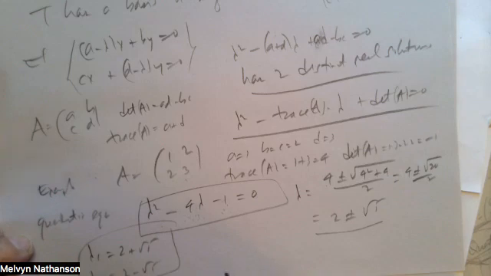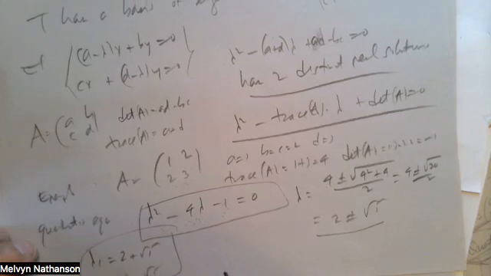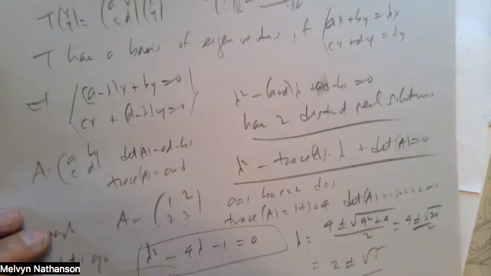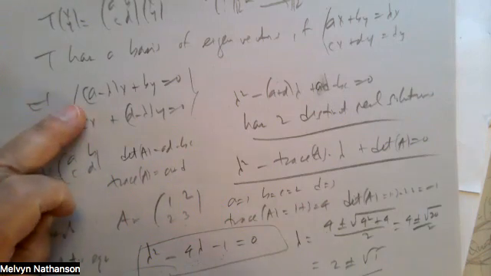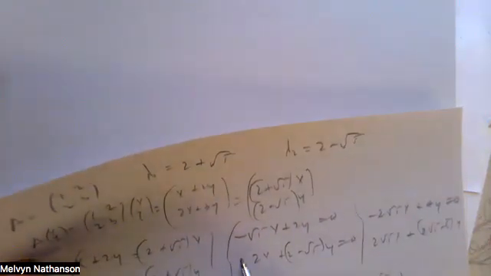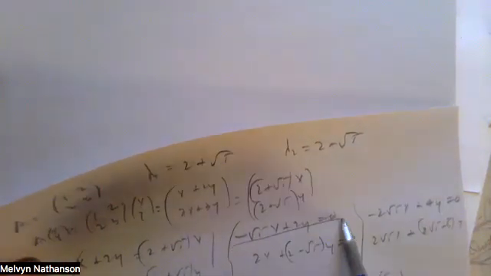So I should be able to solve my equations for x and y. So 2 minus lambda 1 is minus root 5x plus 2y equals 0.